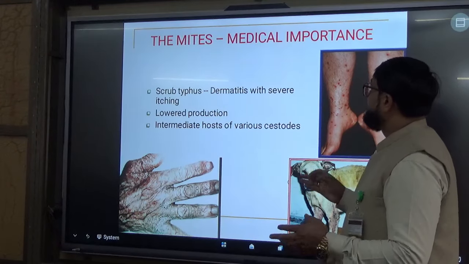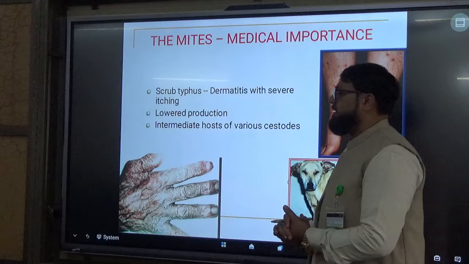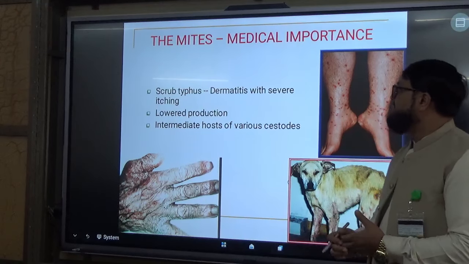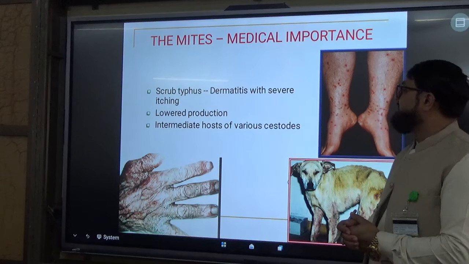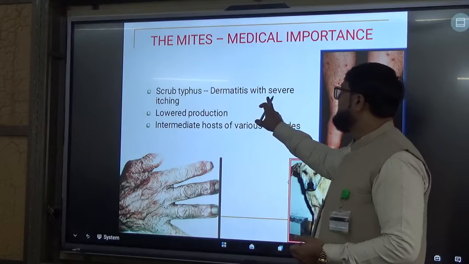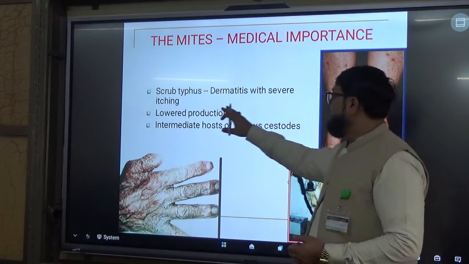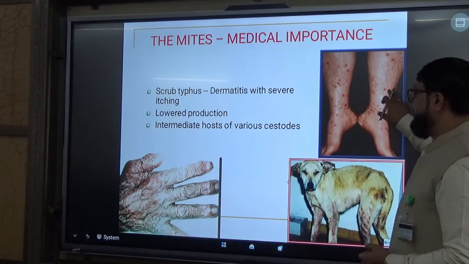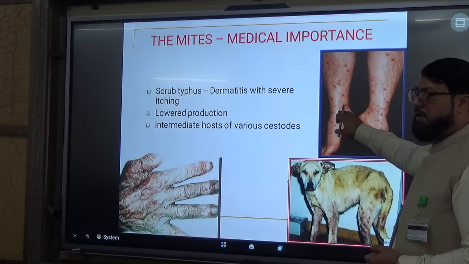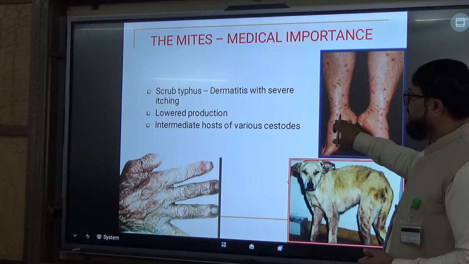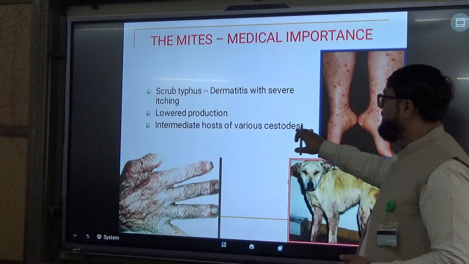As far as the medical importance of mites is concerned, they cause scrub typhus, which is dermatitis with severe itching, and this itching can end up with pustules or papules like this on the extremities mostly.